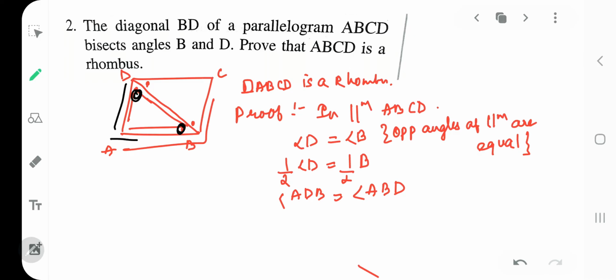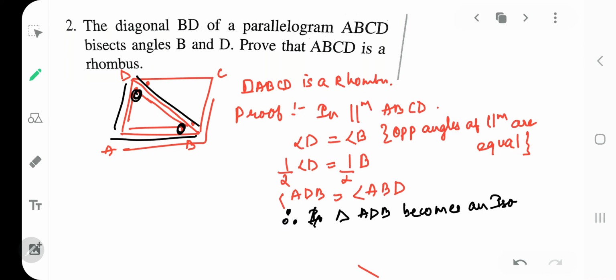Now in this triangle ADB, because the base angles are equal, it becomes an isosceles triangle. And if it is an isosceles triangle, therefore we can say AB is equal to AD.